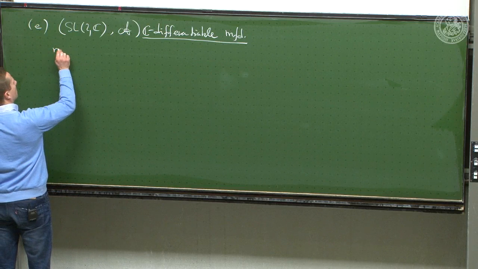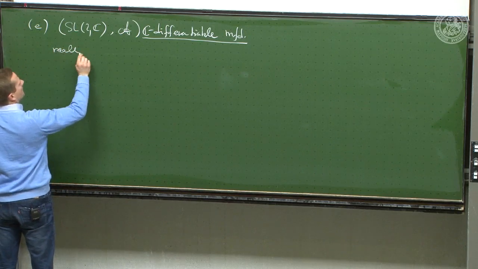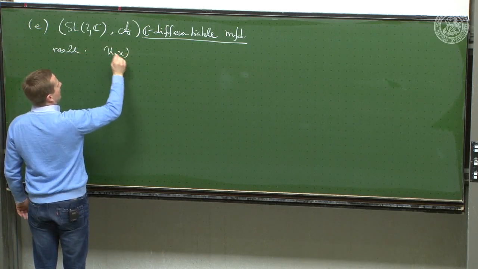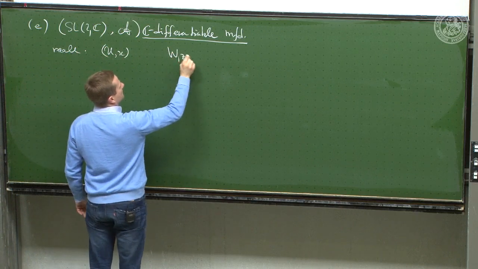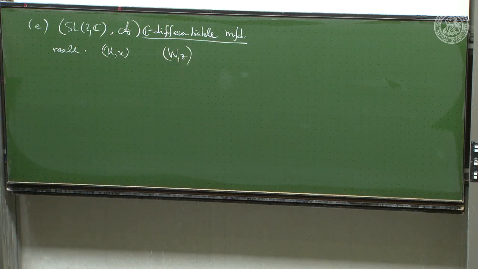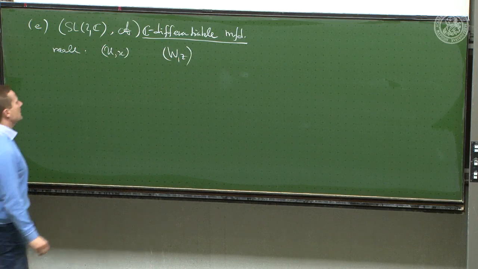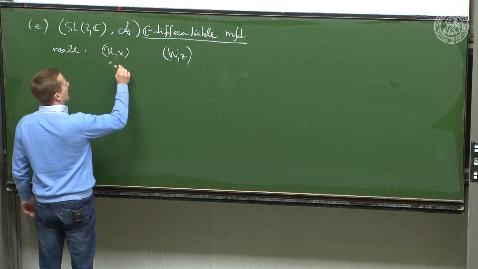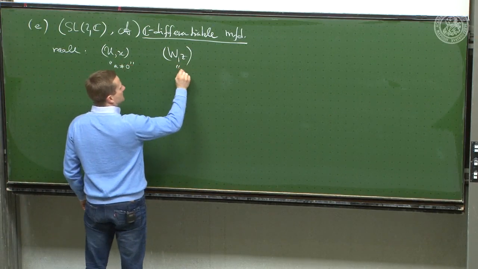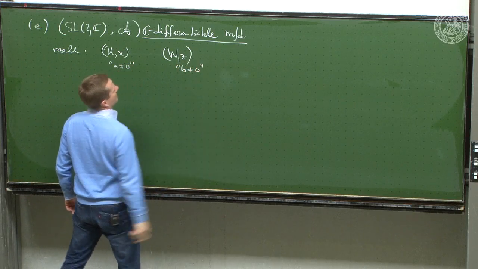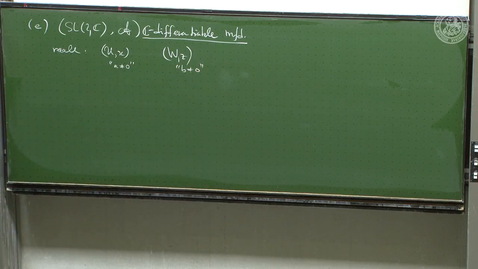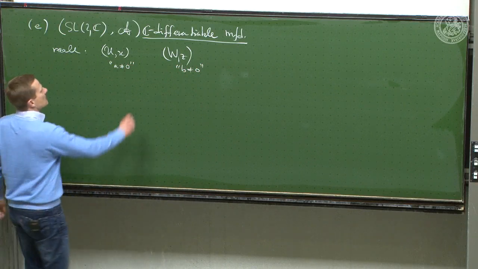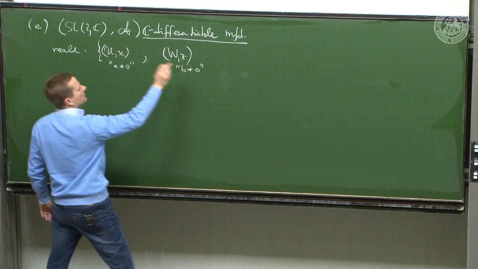We recall that we had charts UX and WZ that we wanted to use; this one had to do with A non-zero, and this had to do with B non-zero. Well, that was the domain. It's written down precisely before, and we saw that this covers.